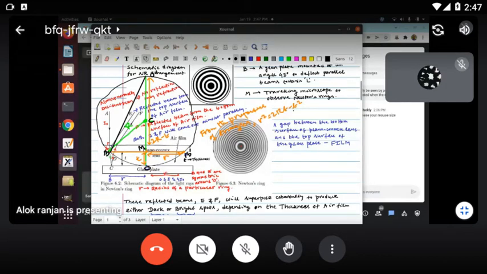Then you can use the triangle principle and you will get this relation. Got it? Yes or no?